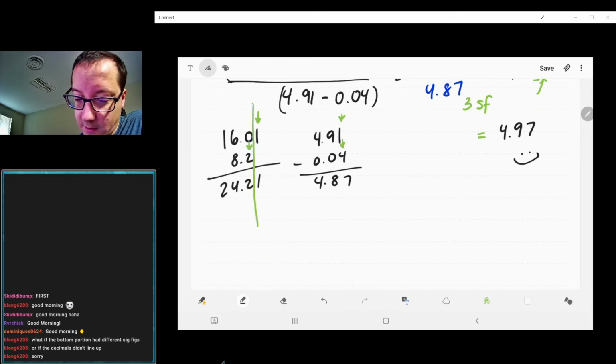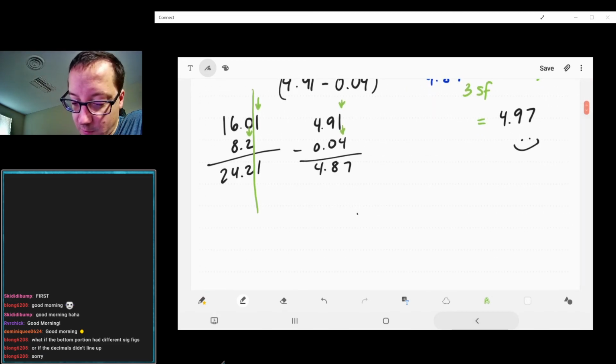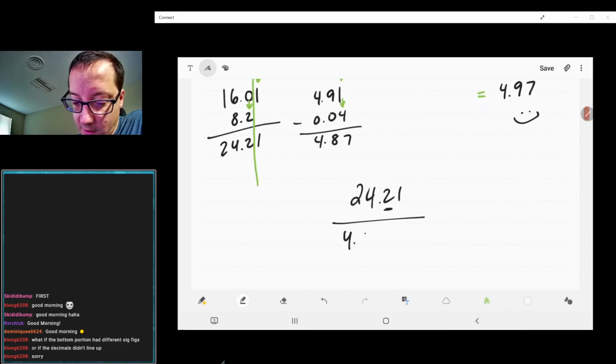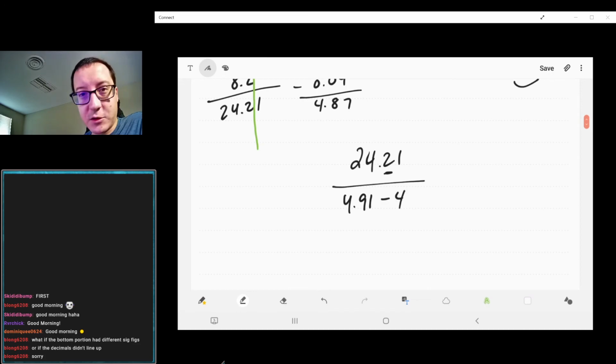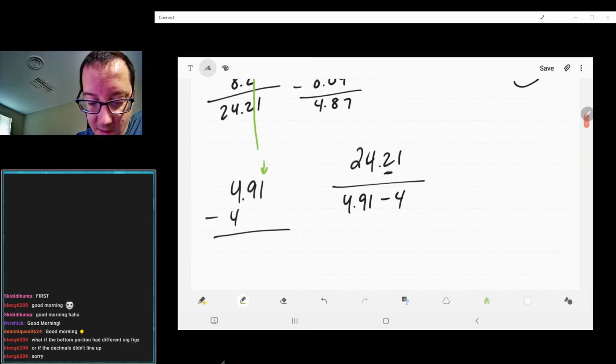All right, so let's say instead of that, we had our 24.21, same thing as before with its 3 sig figs. Let's say instead we had 4.91 minus 4 on the bottom. No, there's nothing to be sorry about. This will be an interesting exercise here. So if we had 4.91 and 4 that we're subtracting, now the decimals aren't lining up.